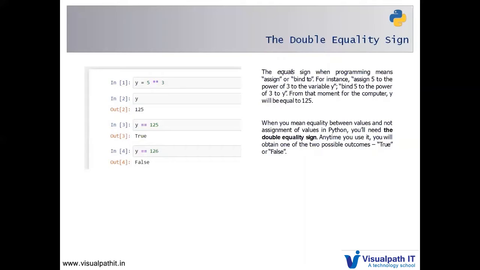So when we say y double equals 125, it evaluates whether y is equal to 125, and it is going to come back with an answer, true. Is y equal to 126? No, so it is going to return false.